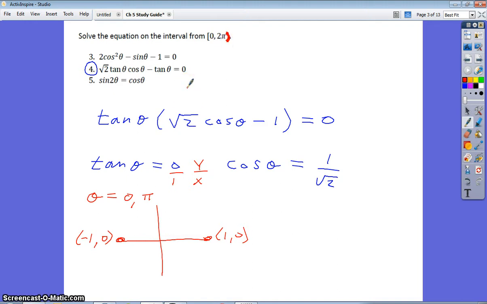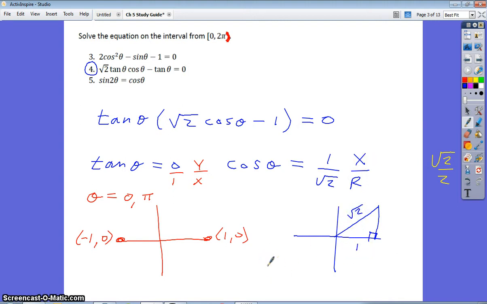Okay, so the next one here, we could rationalize our denominator for this ratio and get root 2 over 2, which might make a little more sense to you. Or we could just work with what we have right now. We have x over r, which means we have a 1 and a root 2 here.